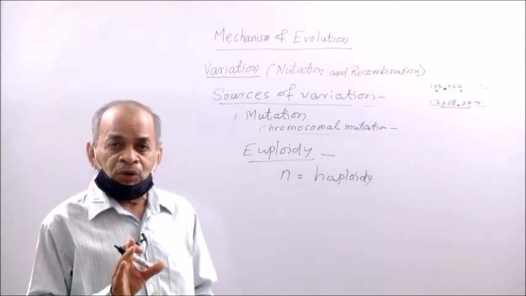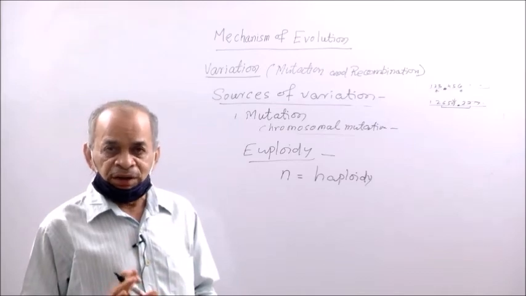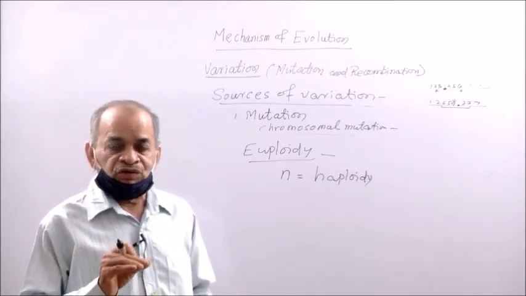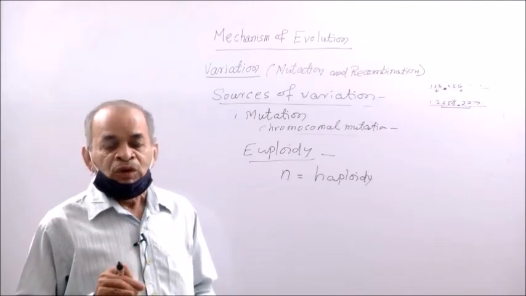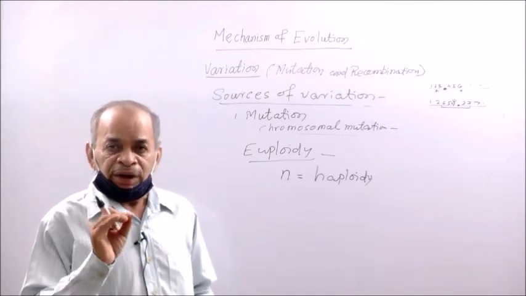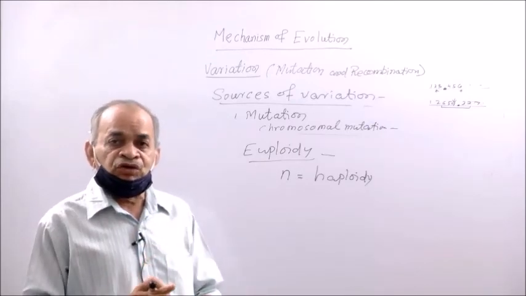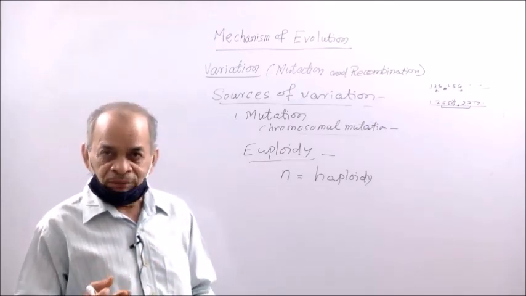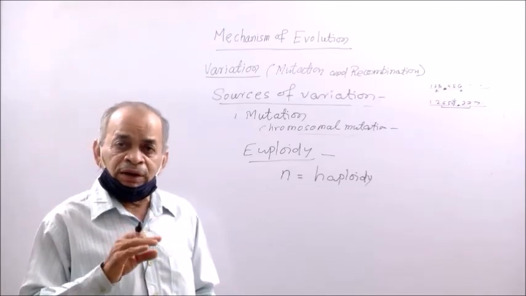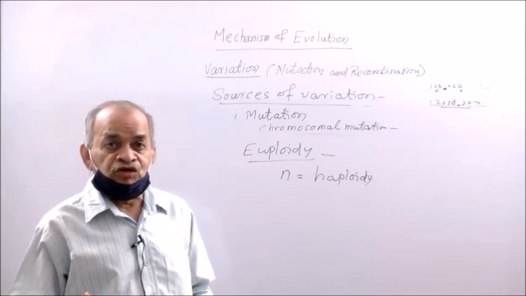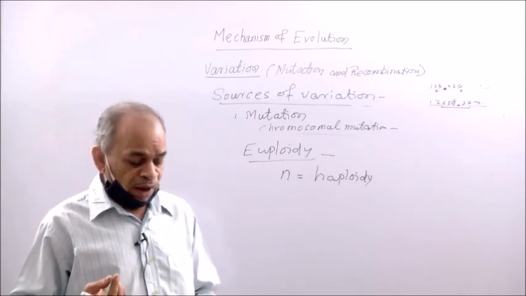Because the egg has a haploid set, n chromosomes present. They are haploid because in meiosis the chromosome number is reduced to half. The egg has n, 1 set, and the sperm has 1 set. If they fuse, they form a zygote that becomes 2n. But here the egg develops without fertilization, and that becomes the drone. So the drone becomes haploid.